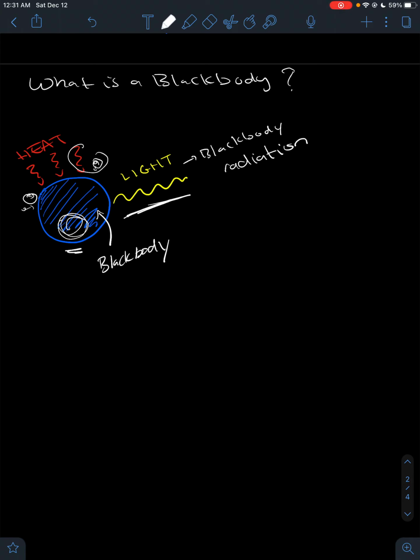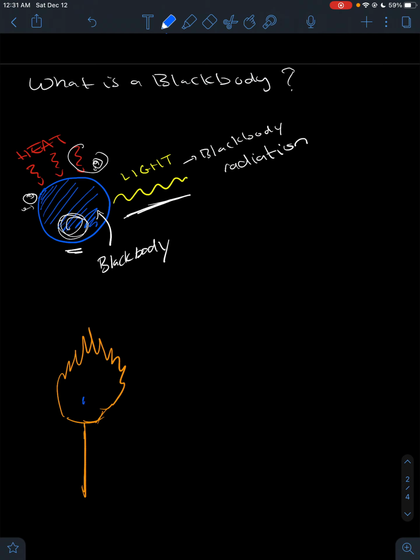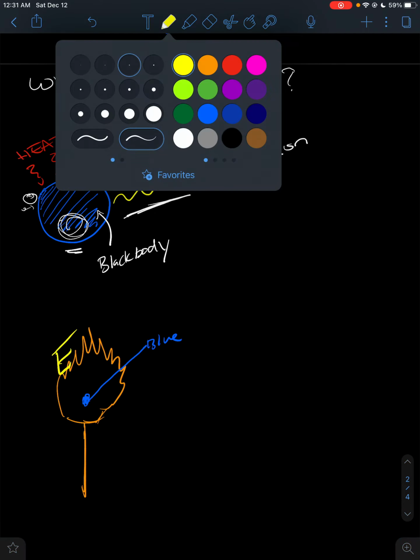So this actually explains why, if you have a candle and it's hot enough, the inside of your candle is going to appear blue. It appears blue because that candle has a lot of energy, right? The candle has a lot of energy, and it's releasing that energy in the form of blue light.